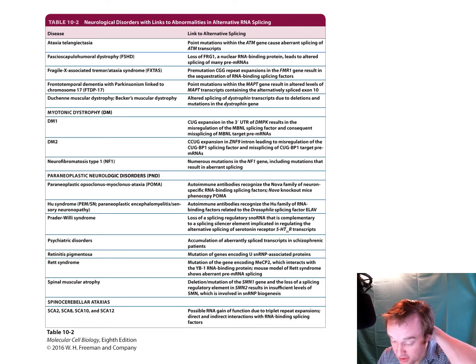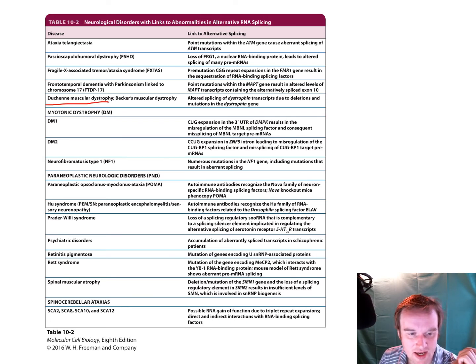As you can imagine, with any complex biological process, there are abnormalities that occur and will become a genetic disease. And so here is a link or a table of the genetic diseases that are associated with aberrant RNA splicing. You see some that might be familiar, Duchenne muscular dystrophy.